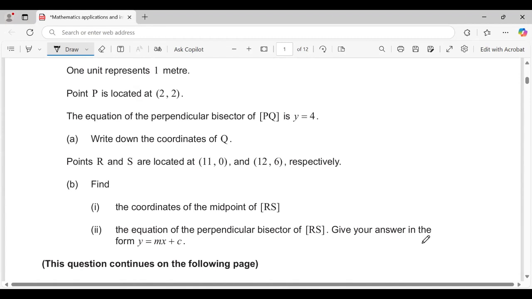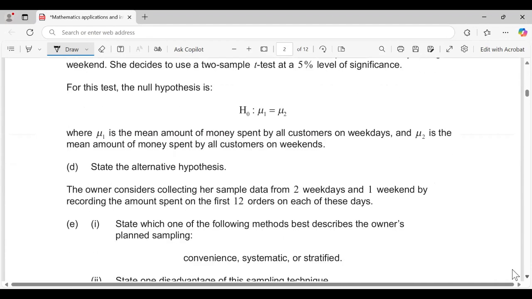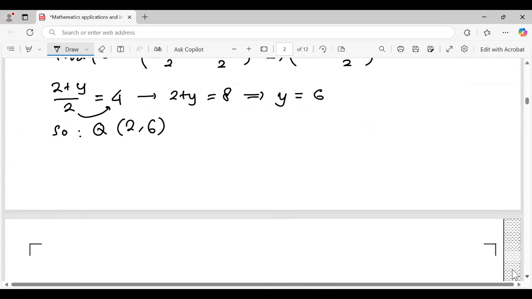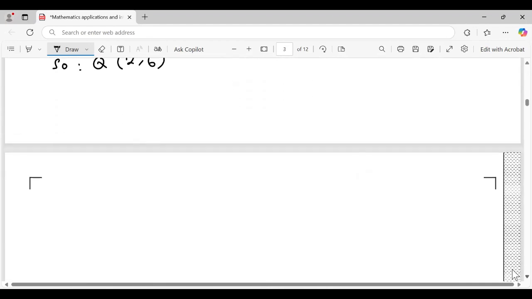Give your answer in the form y equals mx plus c. So we need to find the gradient, but first we need to find the midpoint, given that R is (11, 0) and S is (12, 6).